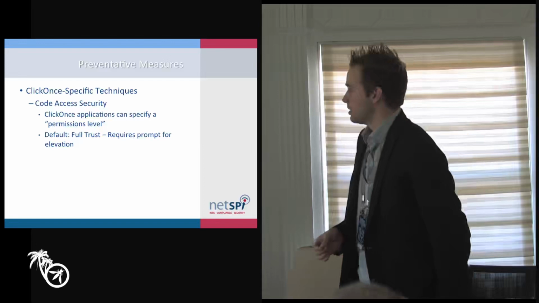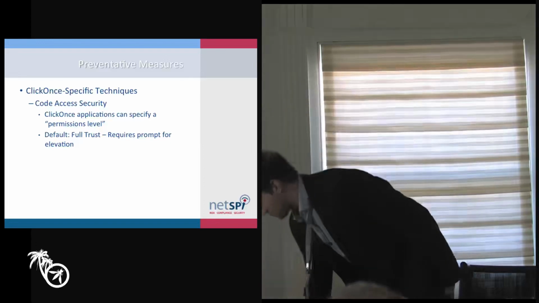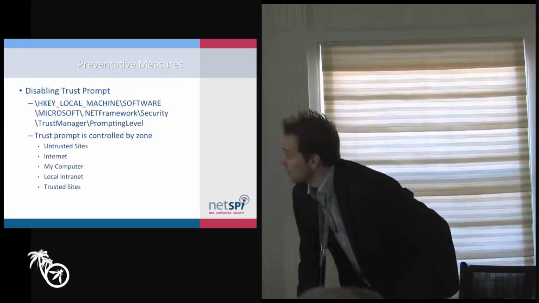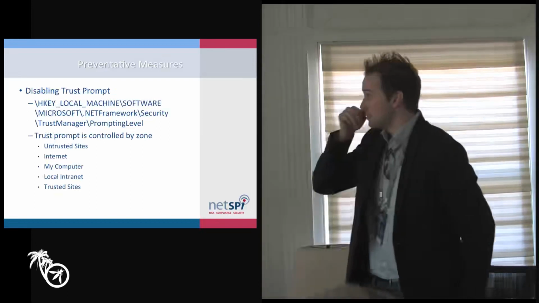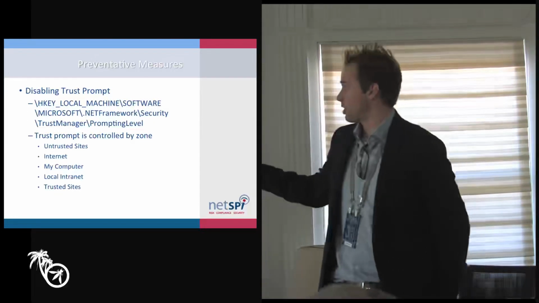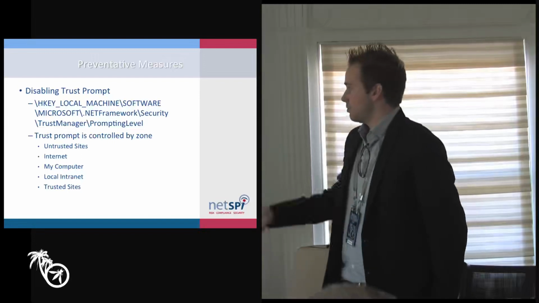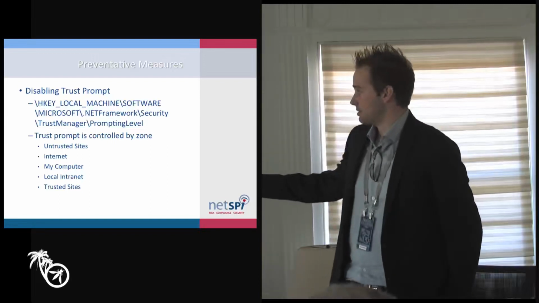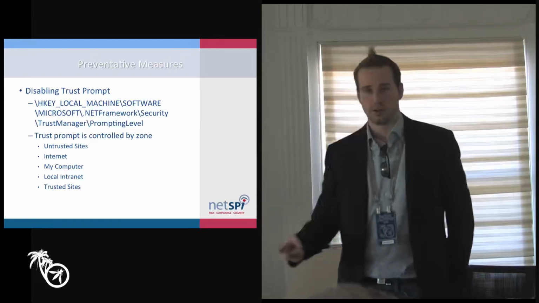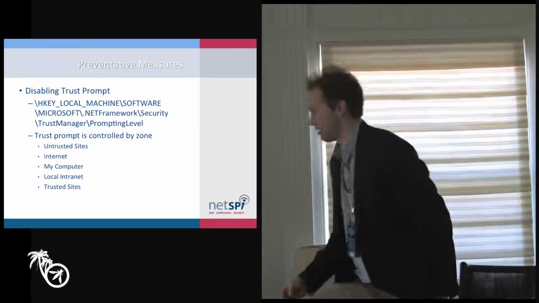By default, full trust requires a prompt from the user, and you can disable that trust prompt using that registry key there. And once again, the prompt is controlled by the zone, so if it's coming from the internet, local machine, intranet, things like that.